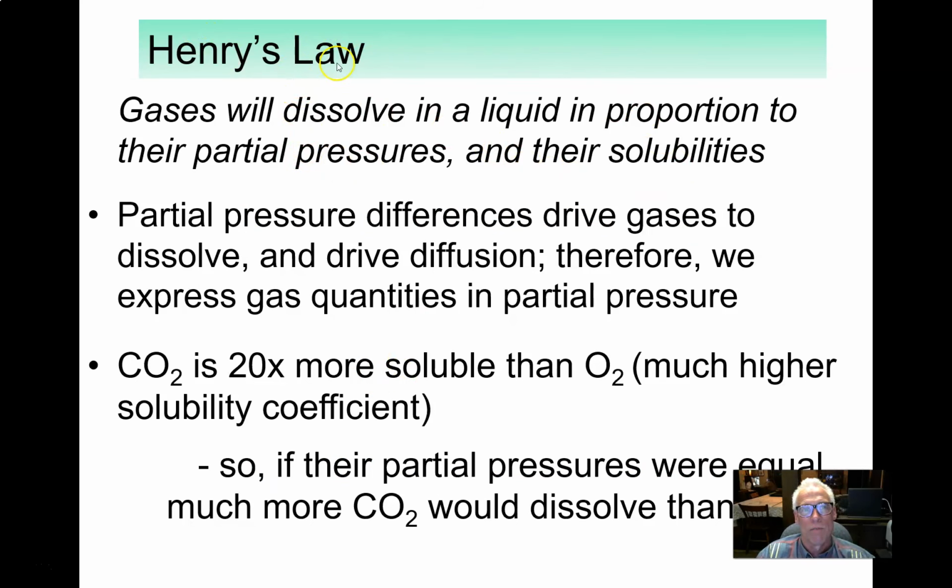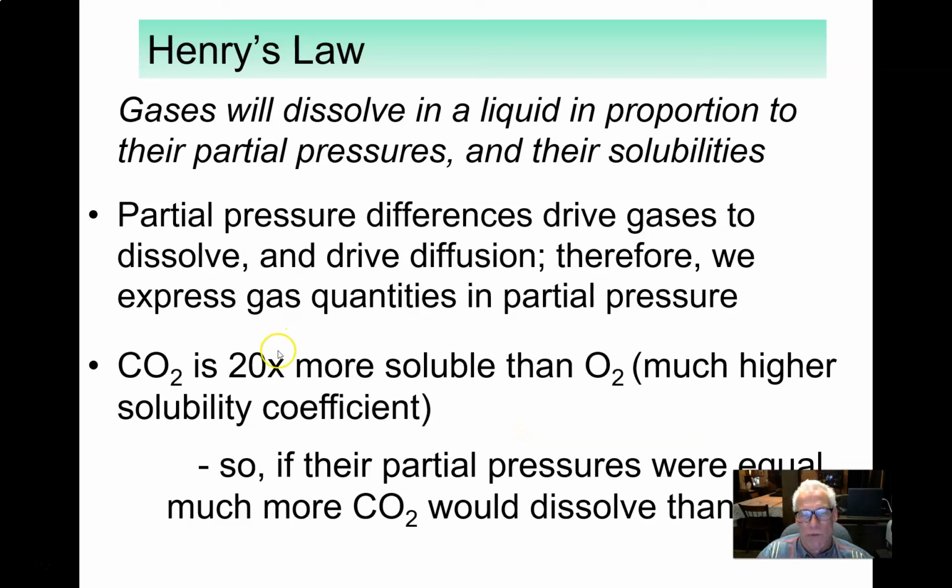All right, another interesting point. Henry's law says that if you take a container with some water in it and then place some gas above that water under pressure, the amount of gas that will dissolve in that water depends on two things: the solubility of the gas and the partial pressure of the gas. How much is the gas forcing its way down onto the water and the air molecules sort of working their way in?